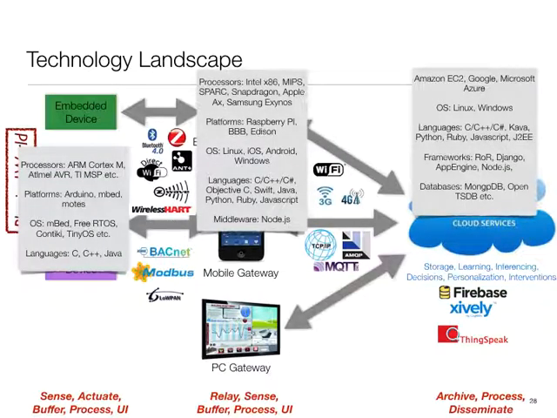So in terms of the technology landscape, at this layer, there's a lot of action in terms of very low power processors. I'm sure some of you have at least heard of platforms like Arduino, but there's a whole bunch of stuff out there. There are a whole bunch of operating systems and languages that deal with this. This layer similarly has its own set of things. This is where you begin to get into higher end processors.